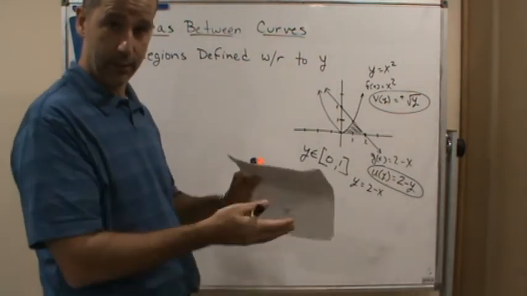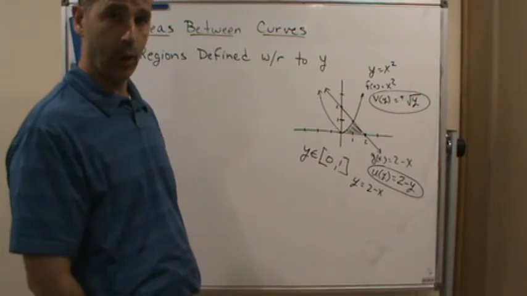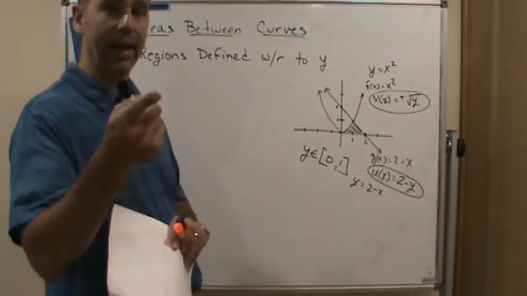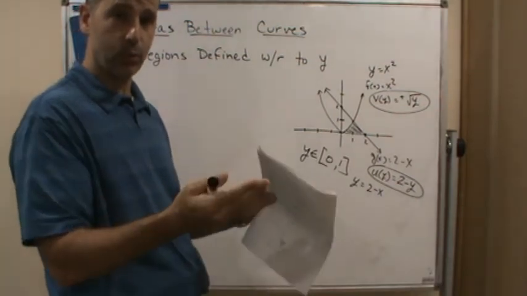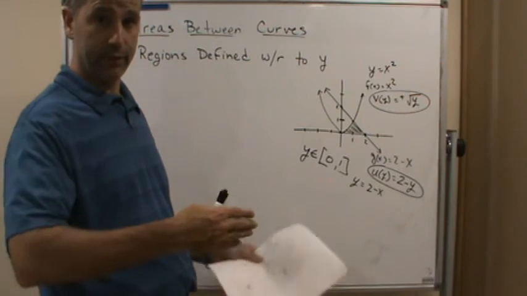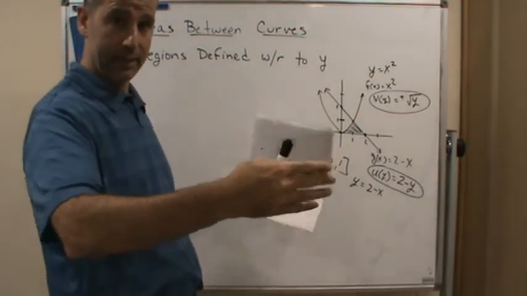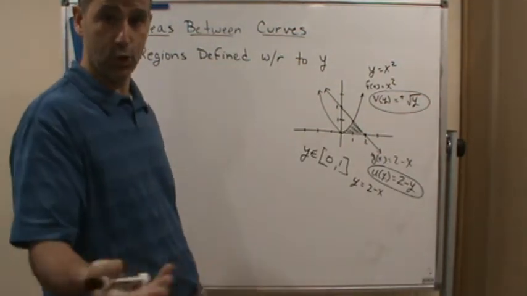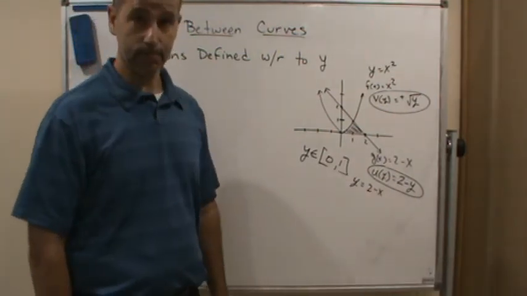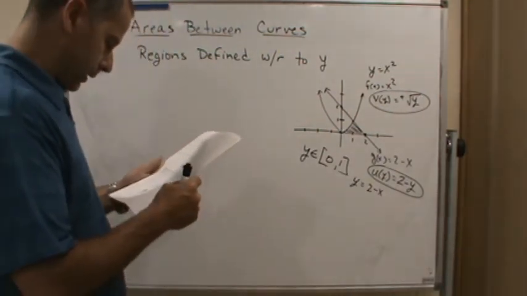So it flips everything 90 degrees when we change from functions of x to functions of y, and this is going to help us in a lot of cases by making calculating area simpler. Instead of having to do multiple pieces and putting them together, we could reduce it to possibly only one calculation like this.